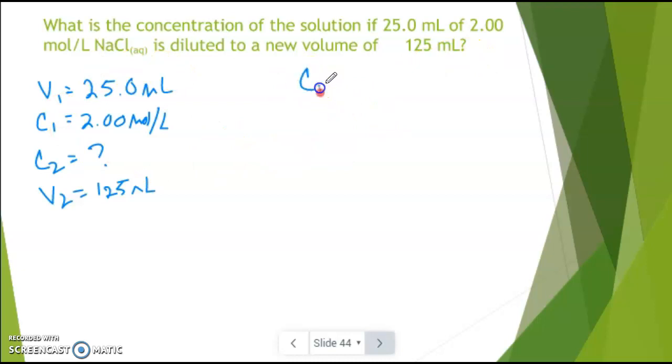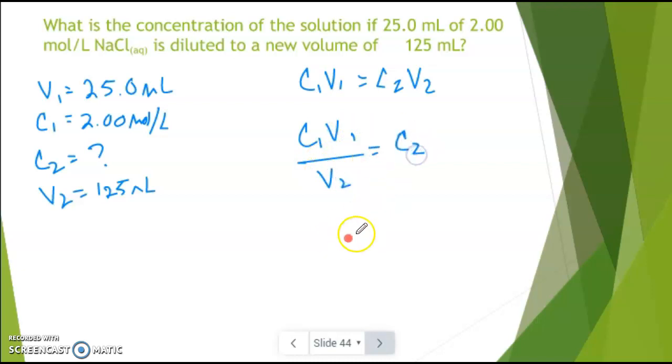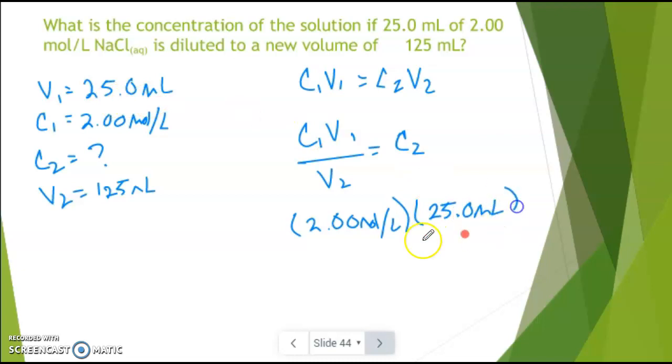So we get C1V1 equals C2V2, and we solve for C2. Put our values in: 2 moles per liter times our volume of 25 milliliters, with 125 milliliters on the bottom.